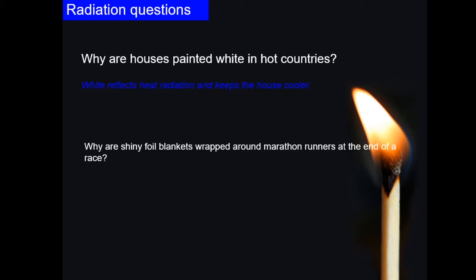So houses tend not to be colored black or darker colors because those tend to soak up or absorb heat more than the lighter colors would. For the second question, the answer is the shiny metal reflects the heat radiation from the runner's back, right? And it stops the runner from getting cold.